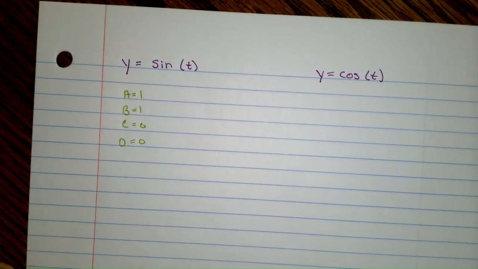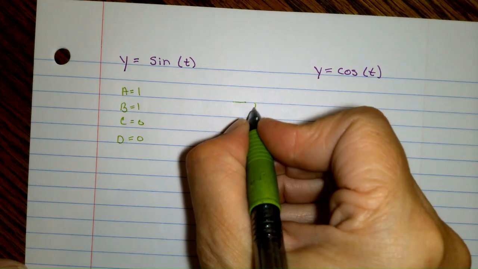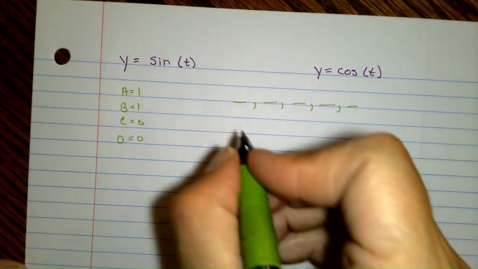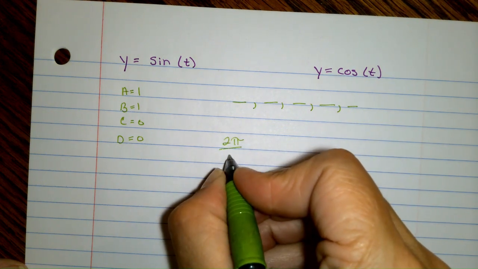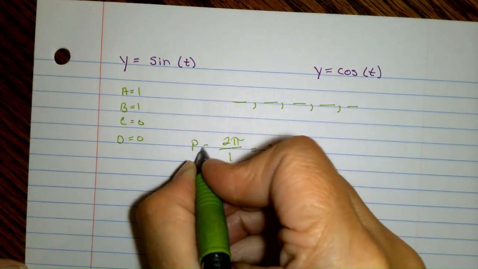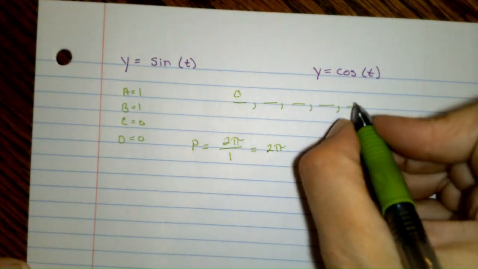So remember on our 5 key values, 2 pi divided by our B value is 2 pi. So that's our period length. C is 0, so 0 plus 2 pi is 2 pi.